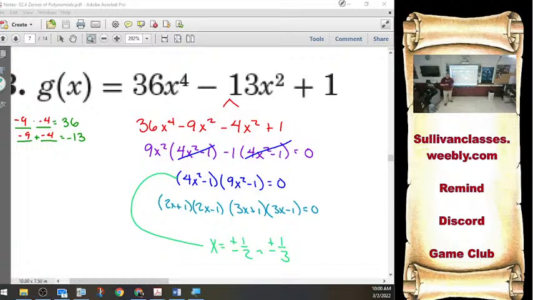No, we went from 36x to the fourth minus 13x squared plus 1 to 4x squared minus 1, 9x squared minus 1. Oh yeah, if you've got the mental mojo for it, because it was 1. I thought you meant from here to here. No, if you don't need the AC method to go from there to there, go for it. Got it. Okay.